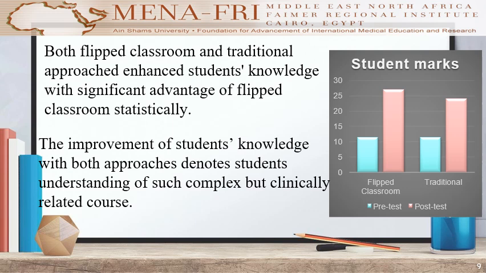This suggests that students in both groups benefited from their respective teaching methods. However, when we compared the post-test marks between the two groups, a significant difference emerged. The flipped classroom group demonstrated a distinct advantage over the traditional teaching group.